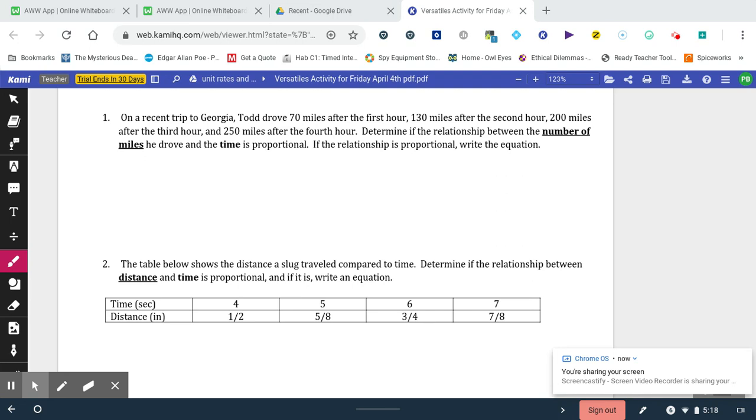All right, so let's start off on number one. It says, on a recent trip to Georgia, Todd drove 70 miles after the first hour.